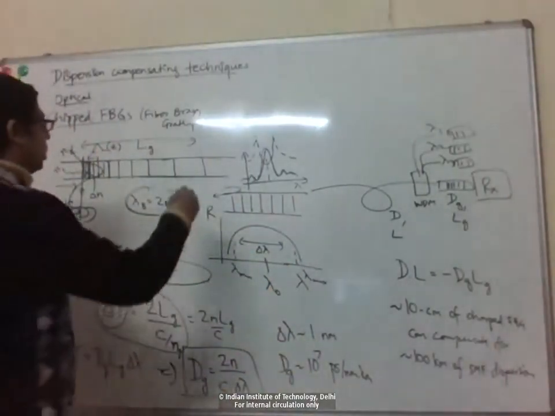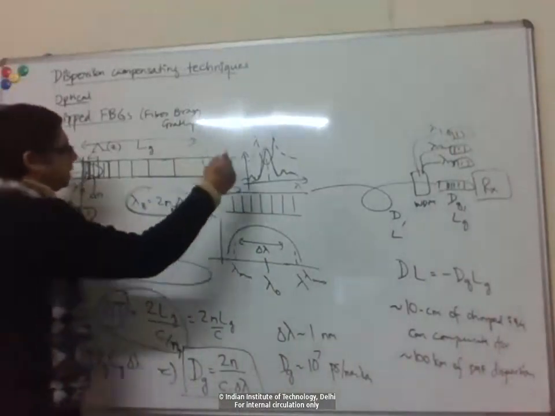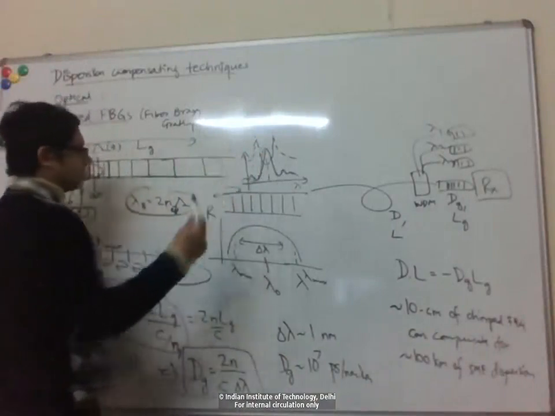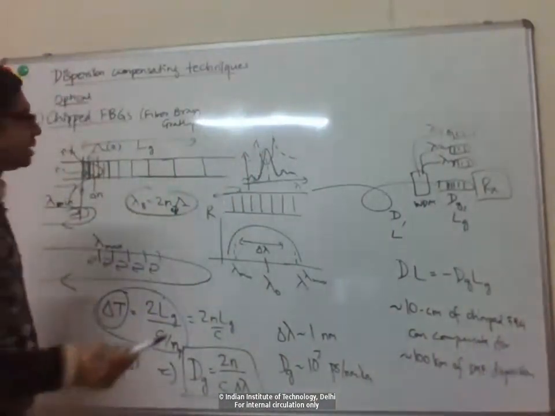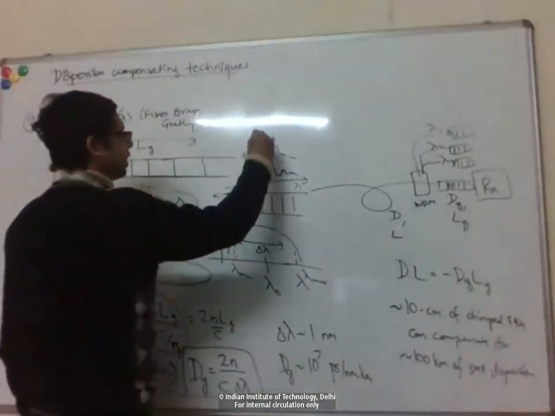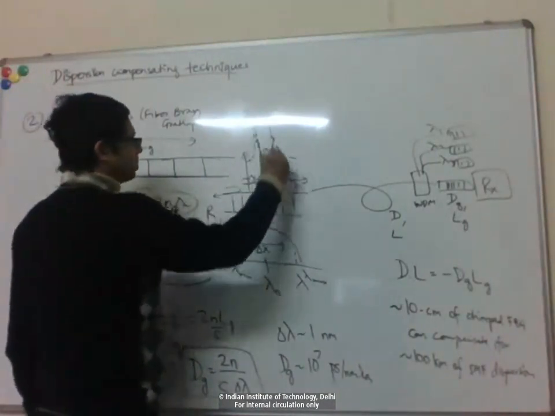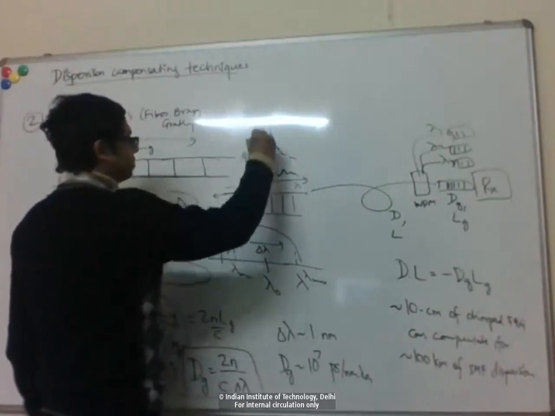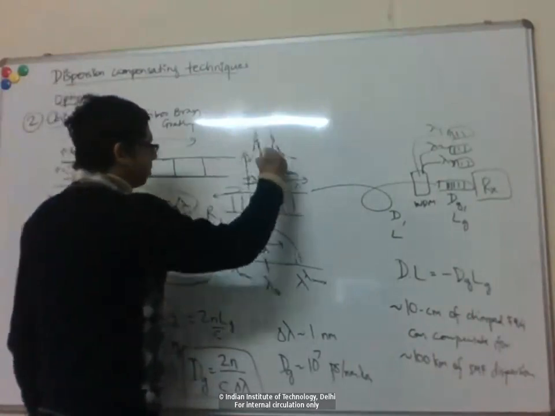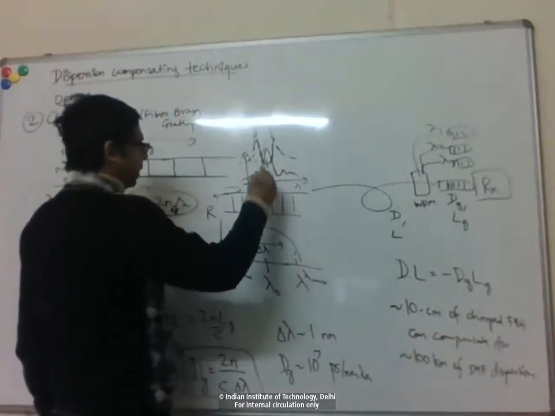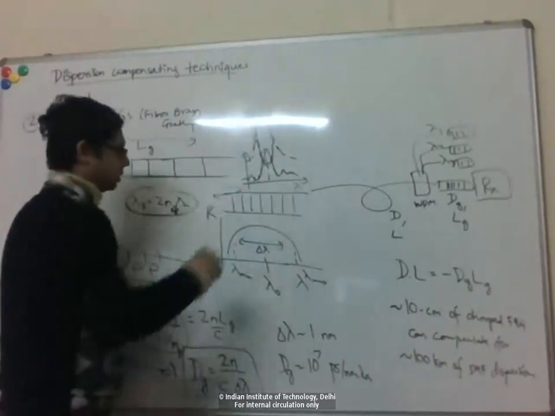Using this effect, technically you could get some delays, but the problem is these delays are very non-uniform. This is a sharp spectrum, and the phase shifts vary very fast with wavelength, so the time delays also vary very fast.